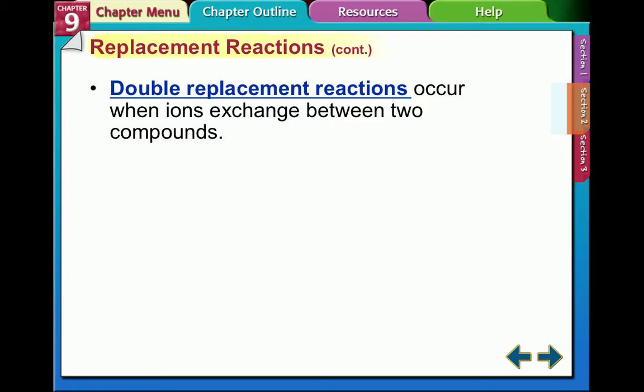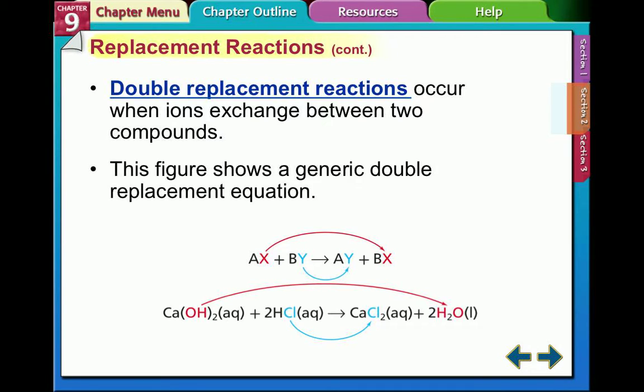So in a single replacement reaction, one element replaces another. A double replacement occurs when the ions exchange between the compounds. So you can see you have AX plus BY yields AY plus BX. Your cations change places and your anions change places. I know I did my arrows backwards, but your anions and your cations are just going to change places.